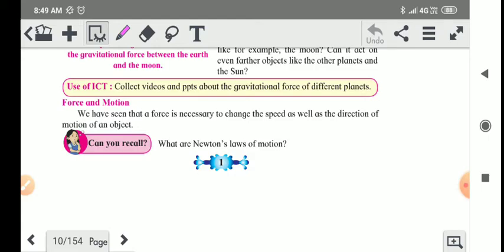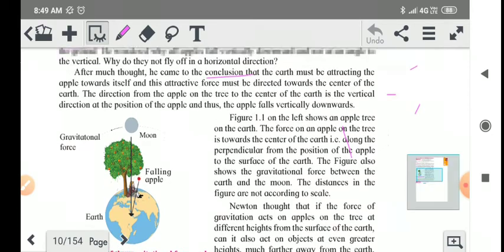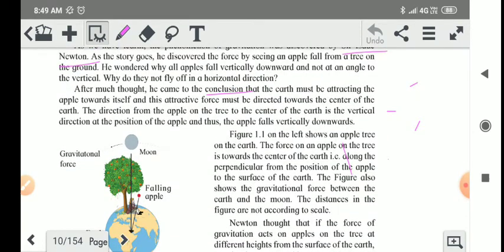Second point. In the first point we studied about gravitation. Gravitation was discovered by the scientist Isaac Newton, and according to Newton, the earth attracts the objects present on the earth's surface or at a higher height from the earth's surface.